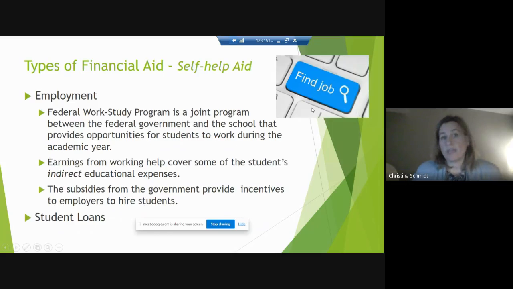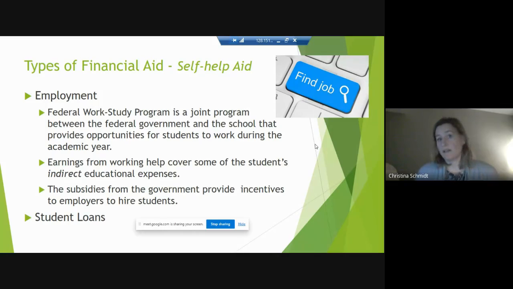And then self-help aid. So briefly mentioned student employment. And the federal work-study program is a need-based financial aid program. It's a joint program between the government and the school, providing the student the opportunity to work during the year.